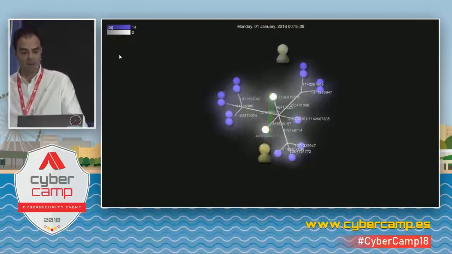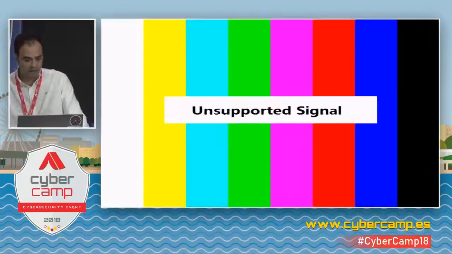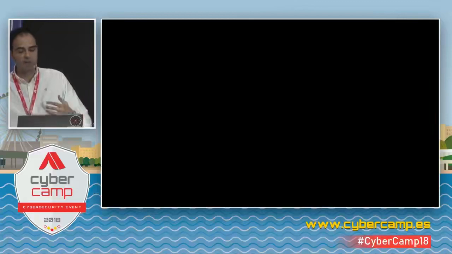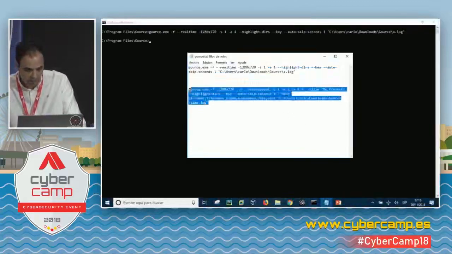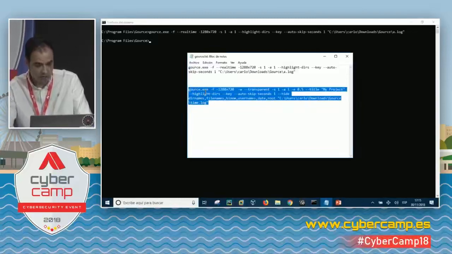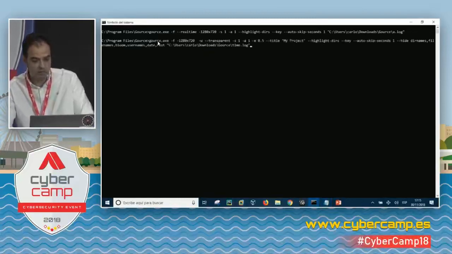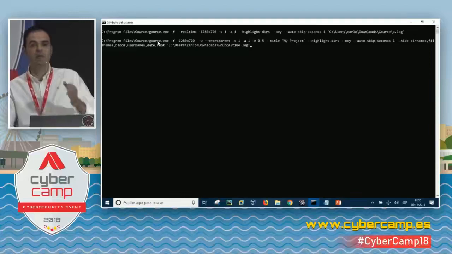This is like a slow motion version, just for you to get an idea of how it works, for you to efficiently and truly understand the power of what this can do.